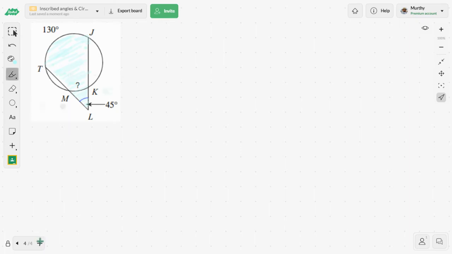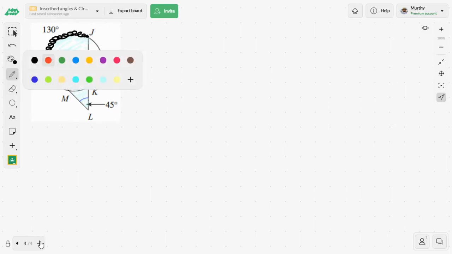Therefore, let me identify the key parts. This is the long arc, and this is the short arc. In fact, the length of the short arc is missing. Please do not go outside of this, because this is not in between the legs of the angle, so you have to take only that much.